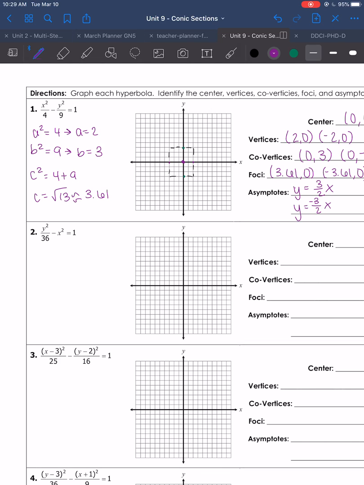So those are your asymptotes. So if I wanted to graph those on here, they'll go right through the corners of the box. That's why sometimes it's nice to draw the box. Nope, that one didn't decide to work too well for me.